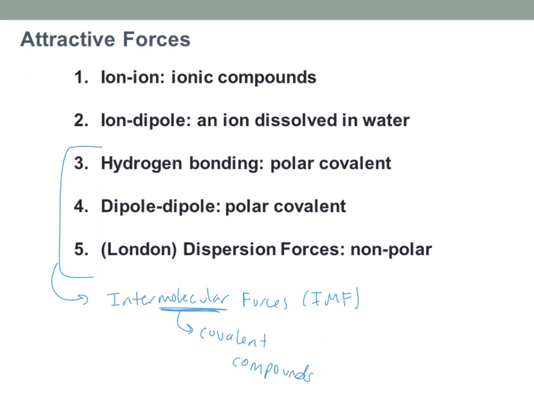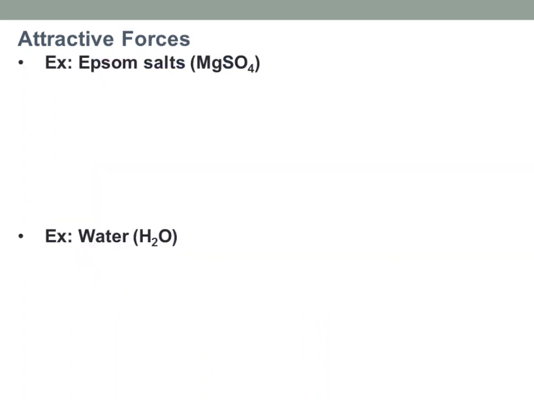Ions are not molecules, so you can't apply the term intermolecular force to ion-ion and ion-dipole. Attractive forces just allows you to talk about all of these different attractions and not just ones involving covalent compounds. So if you've heard of intermolecular forces before, we're basically talking about the same thing, just plus more forces.